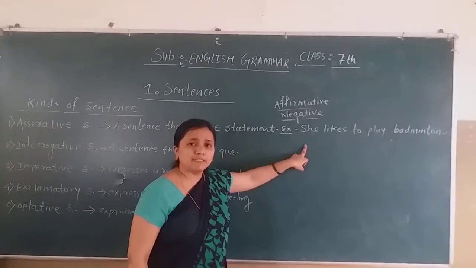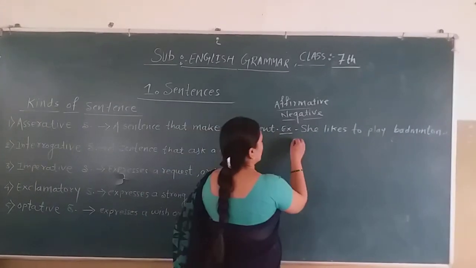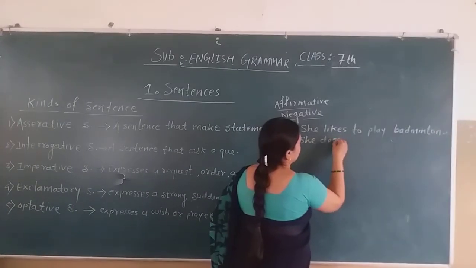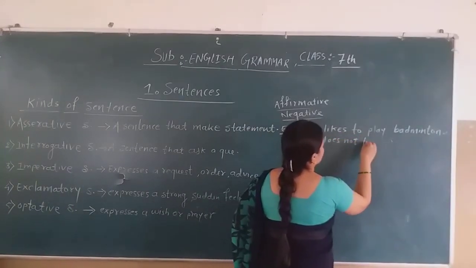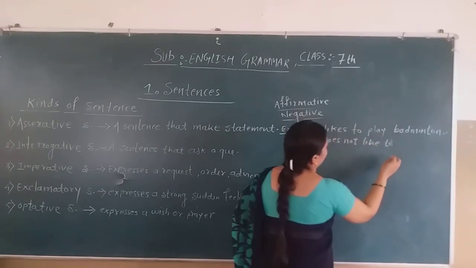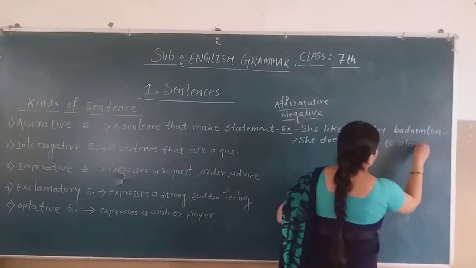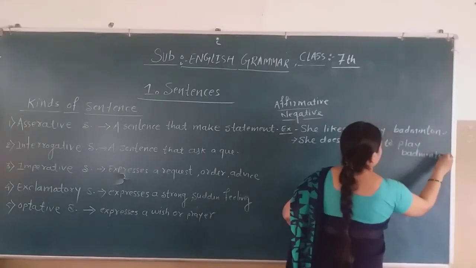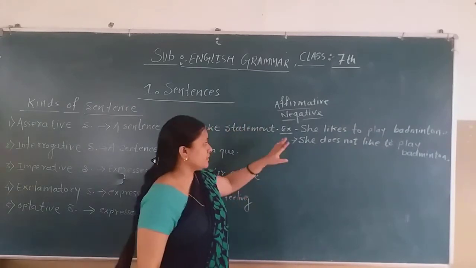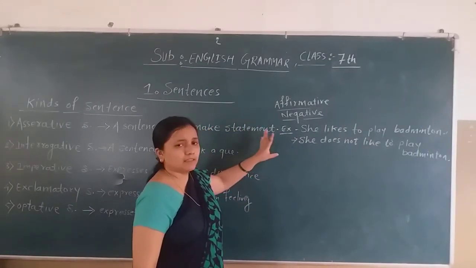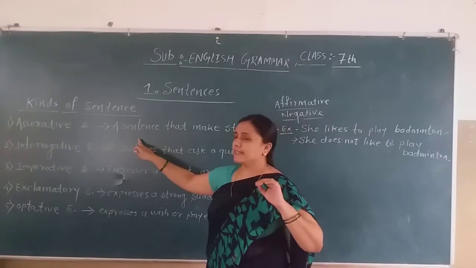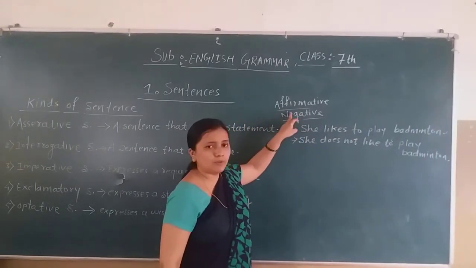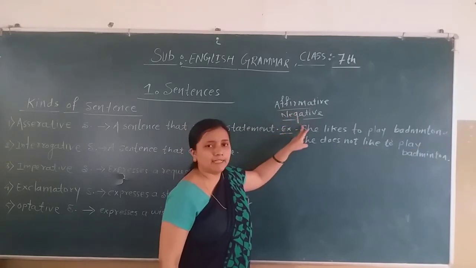And then we have to make this sentence negative. So what will it be? She does not like to play badminton. So in this way, we can see that the assertive sentence is written in 2 ways, in affirmative sentence and in negative sentence also.